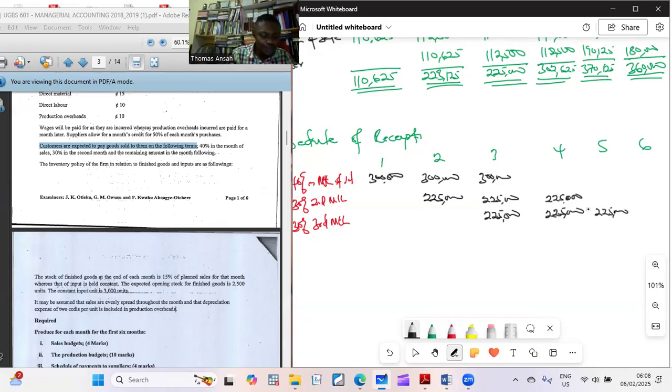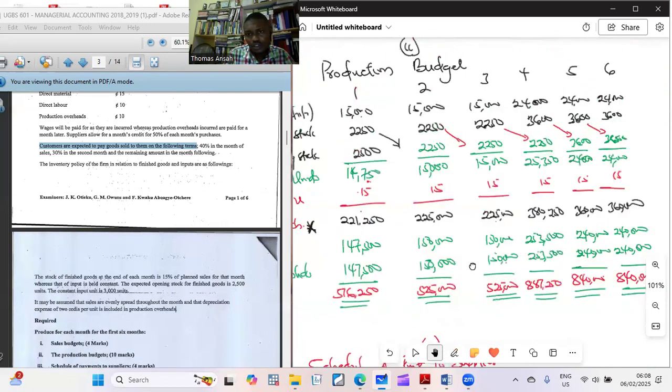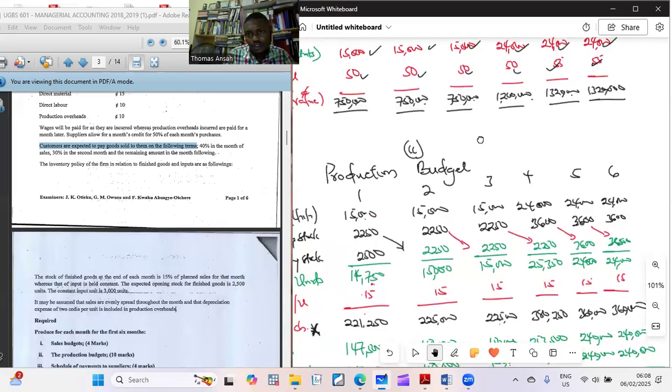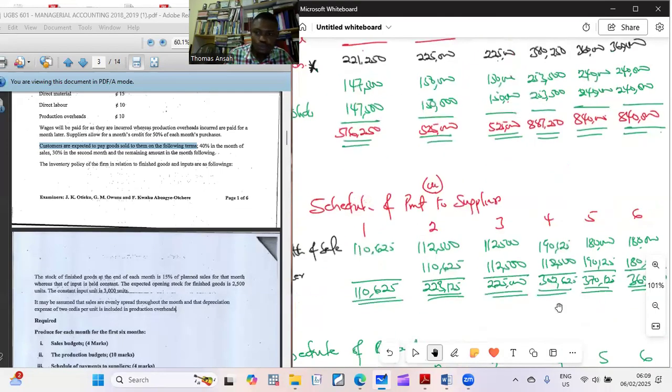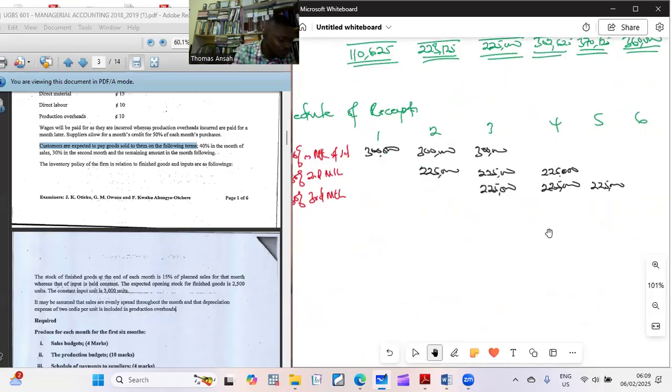Then the next month, I think the figure changed to 1.2. It changed in the fourth month. So when you do 40% of 1.2, so 0.4 of 1.2, that gives you 480. So that is that, 480.